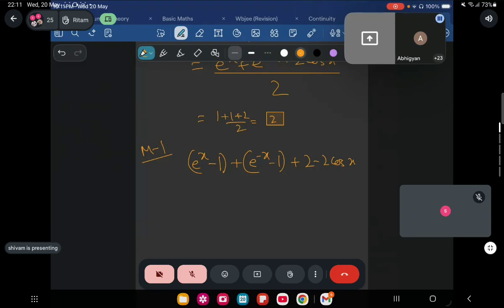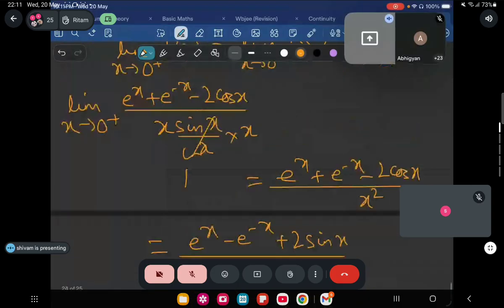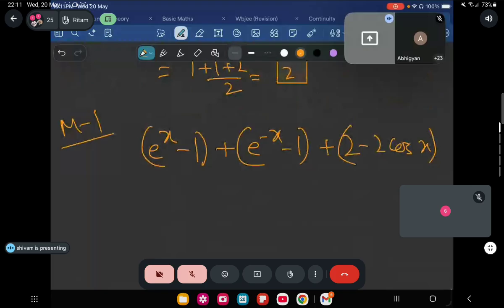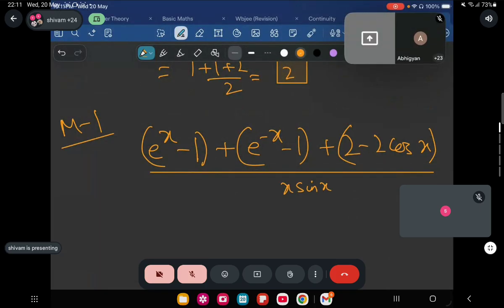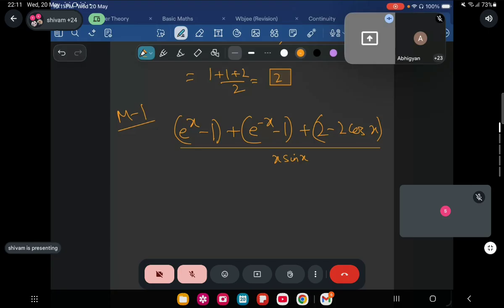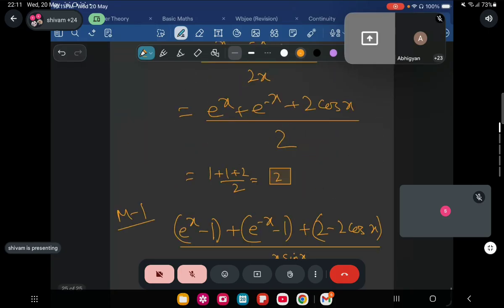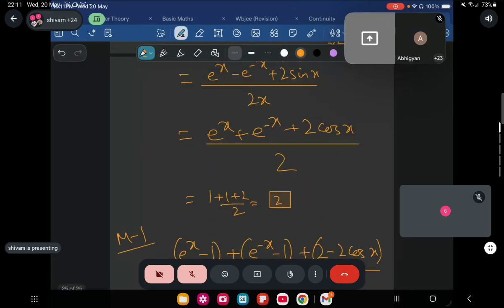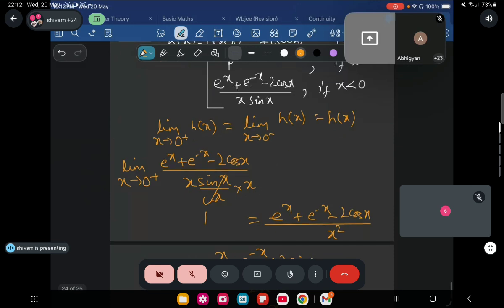Sir, can I tell a method again? Over here, see, she's saying plus 2 minus 2 cos x divided by x sin x. Okay. After this, Ahir, tell me.